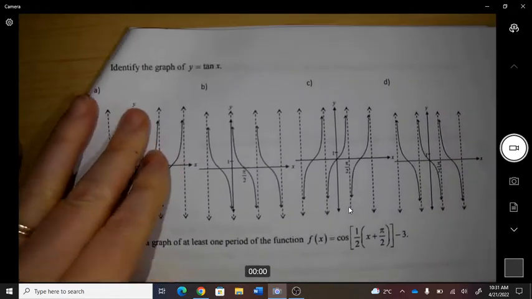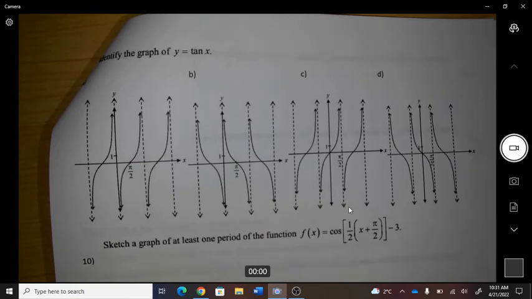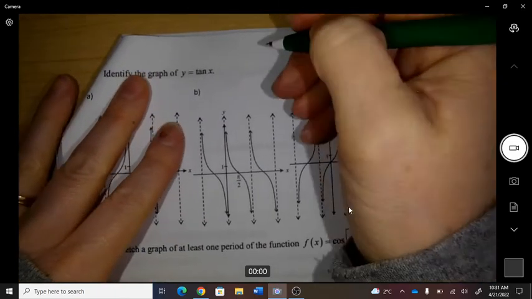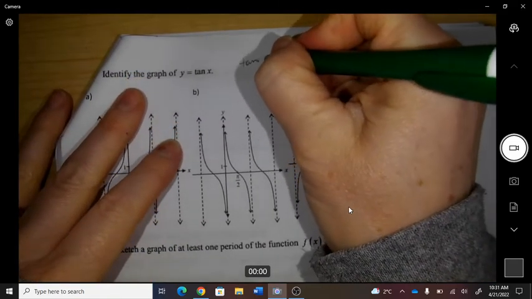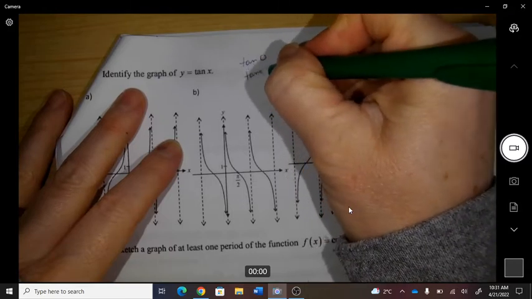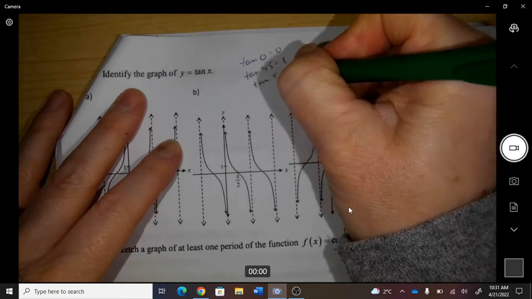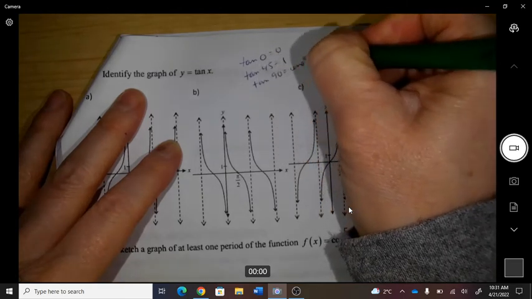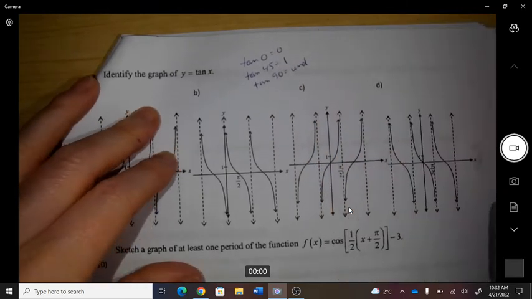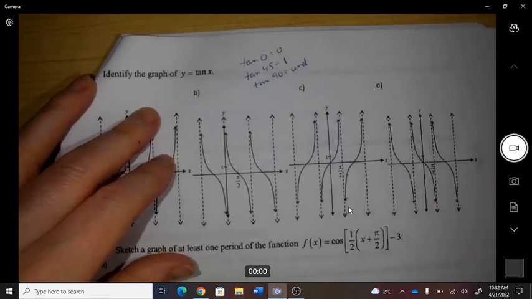Okay, identify the graph of tan x. So we know that the tan of 0 is 0. The tan of 45 is 1. And the tan of 90 is undefined. And that's based off of our trig circle, our unit circle.